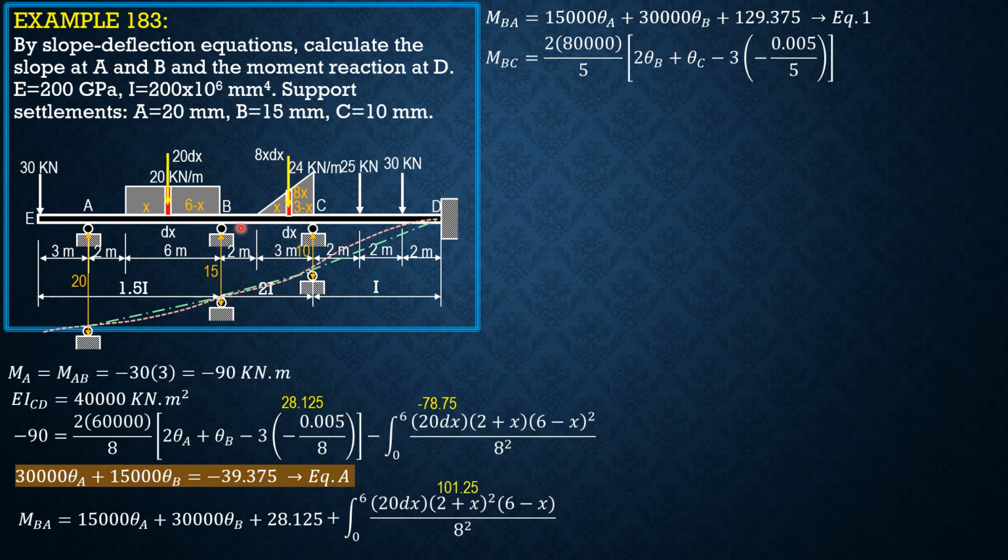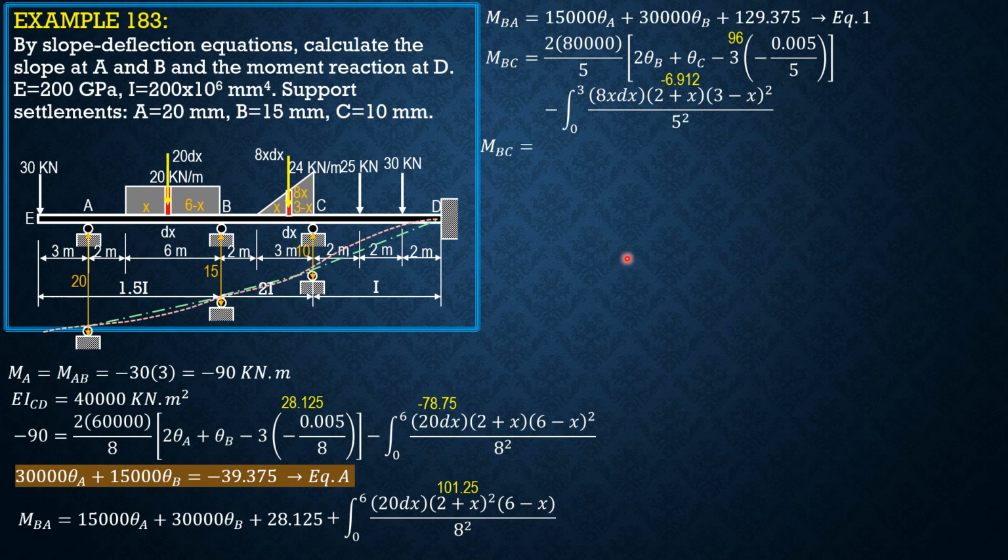Then fixed moment at B is negative integral of 8x dx. A is 2 plus x. Then B is 3 minus x, so quantity square over 5 square. So negative integral 0 to 3, 8x dx, 2 plus x, quantity 3 minus x square over 5 square. So the value of 2 times 80,000 over 5 times positive 3 times 0.005 over 5 is 96, while the value of this integral is negative 6.912.